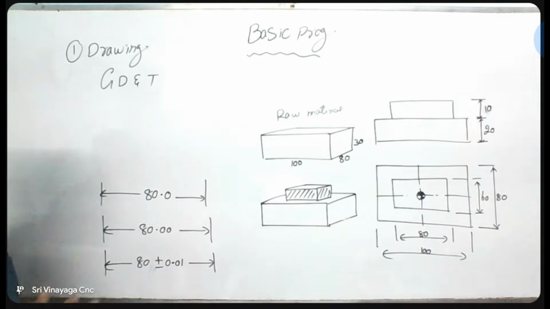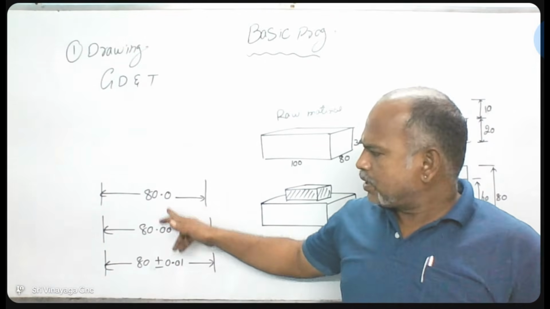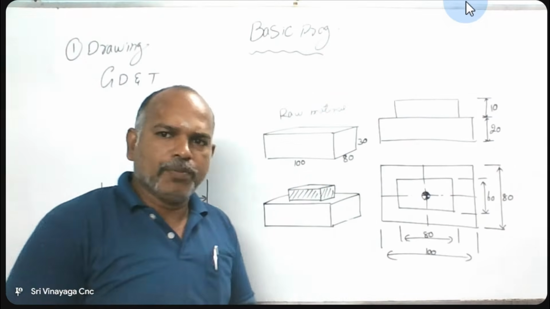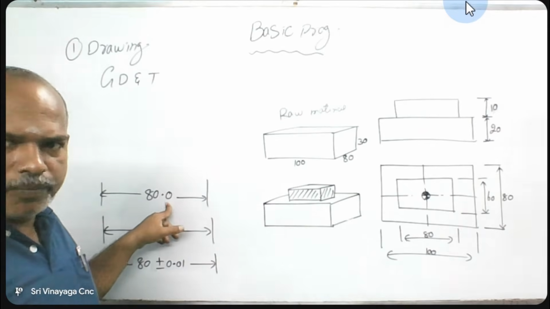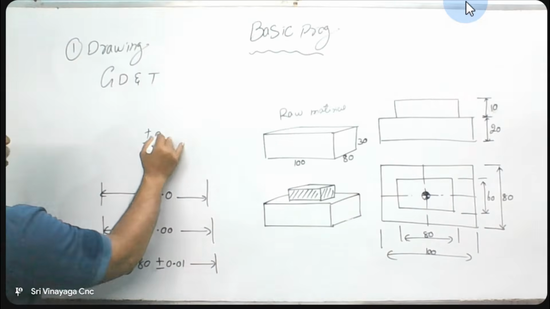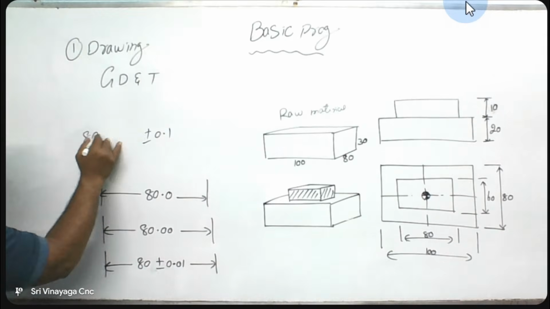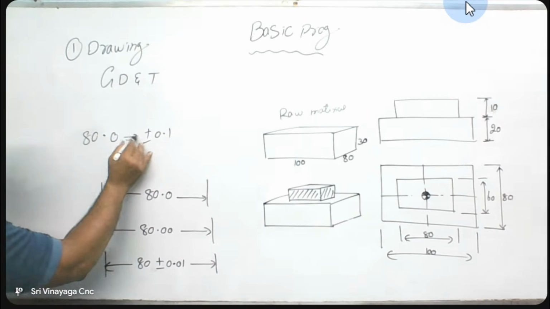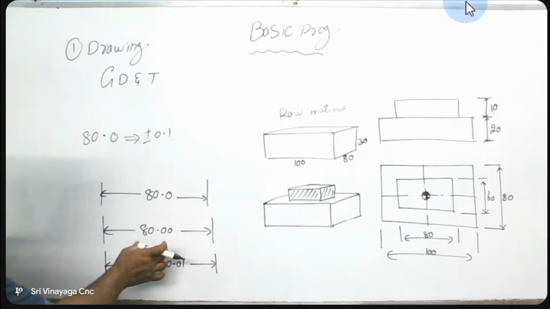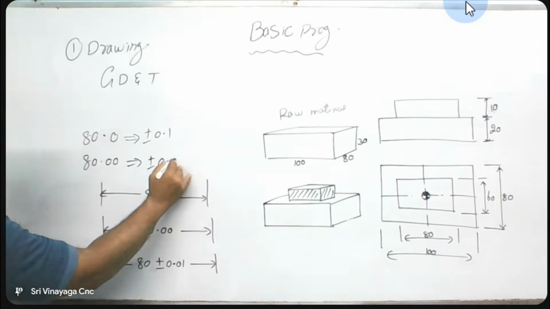For each and everything, there's some tolerance. Suppose 80.0, then plus or minus 0.1. In some cases, 80.00 plus or minus 0.01.